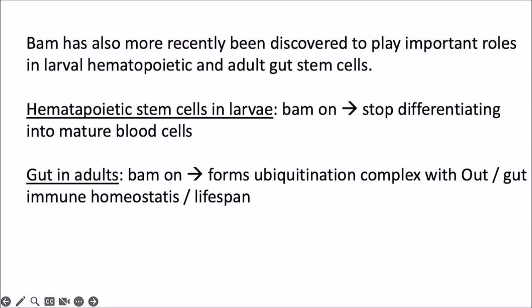But you can also have some proteins that take ubiquitins off that other complexes have put on. So that gives rise to a balance, and that actually is the role that it plays in the gut in terms of maintaining homeostasis there. And with functional BAM, it leads to extension of the lifespan. We're in the middle of, well, we'll talk about that later.